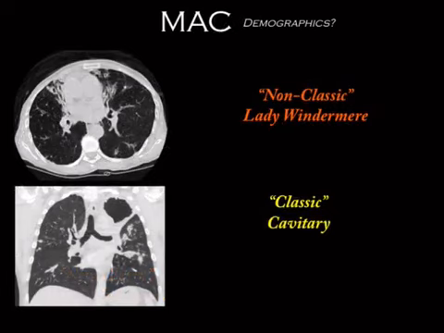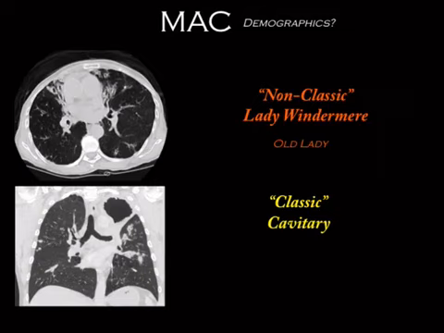So what are the demographics? The Lady Windermere is the old lady. It's just not ladylike to cough. So these are old people who don't cough. It's sort of an indolent infection, hangs out forever. The classic, or the cavitary type, is an old person who smokes, a COPD or old white guy who smokes.